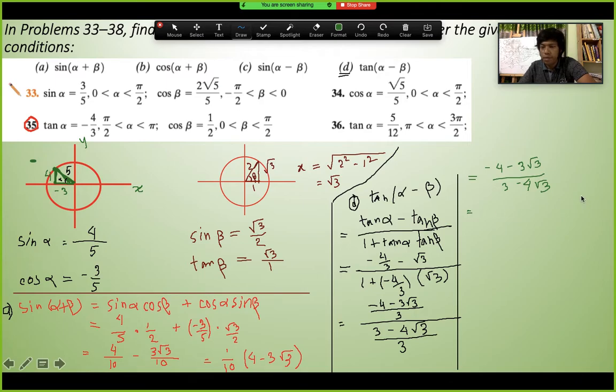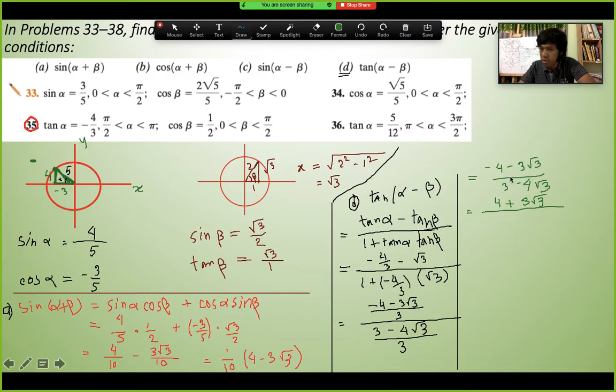Now you see there are a lot of minus signs here in this math. So let's multiply both up and down by a minus sign, just to make the calculation easier, because still we have some root in the denominator. So we need to rationalize the denominator. If we multiply both numerator and denominator by a negative sign, then this is negative, so it will become positive.